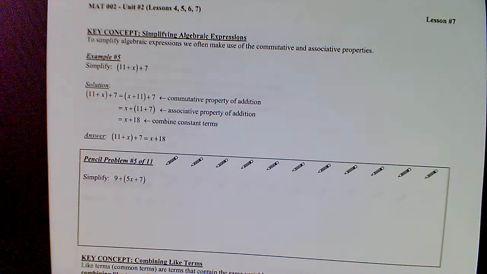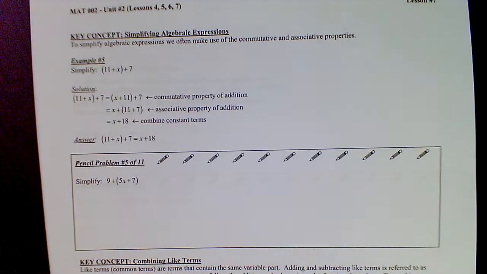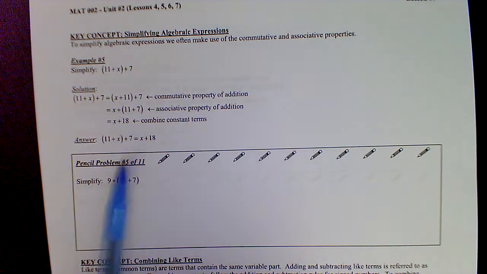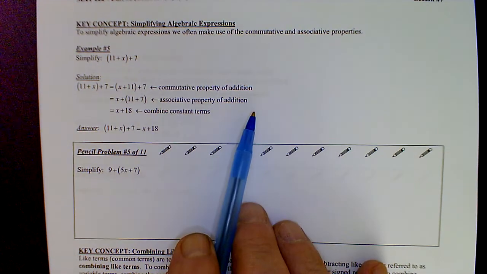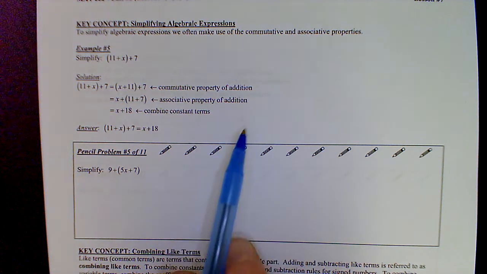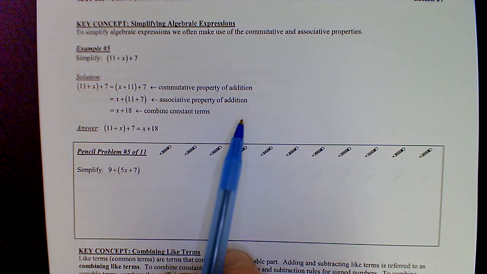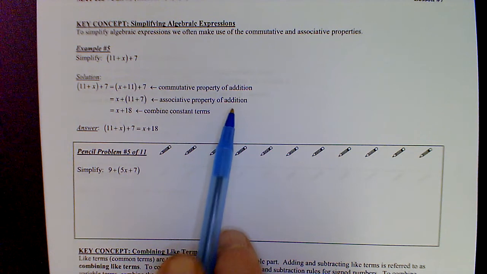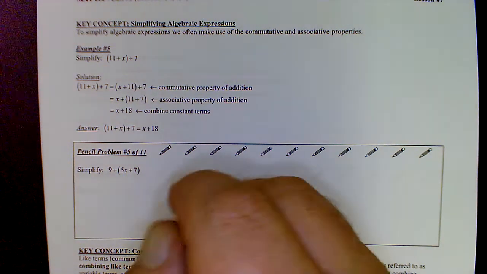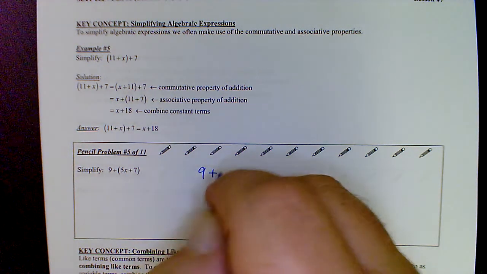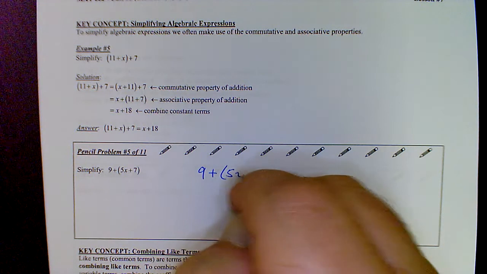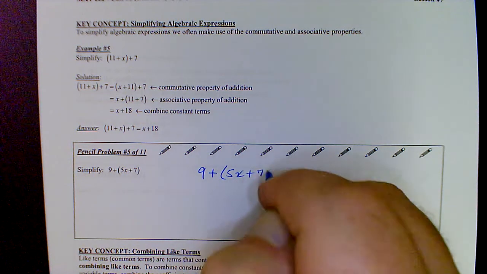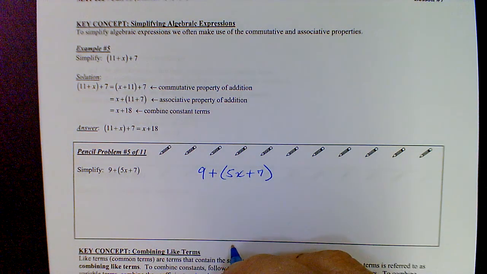Okay, then we look at simplifying algebraic expressions. And we use these formal properties. But you'll see once we work through a few of these that we don't necessarily have to use the properties literally. If I write down 9 plus, and then, so I'm just recopying in parentheses, 5x plus 7.